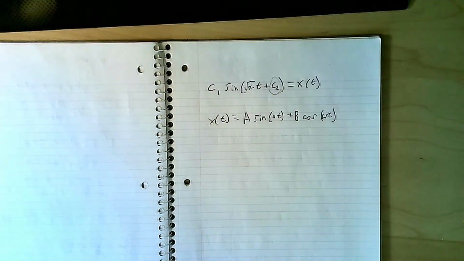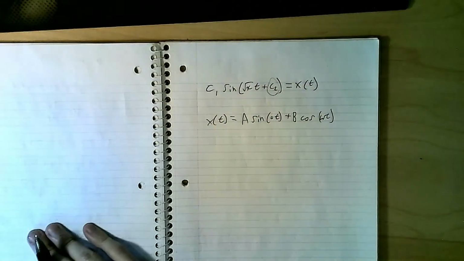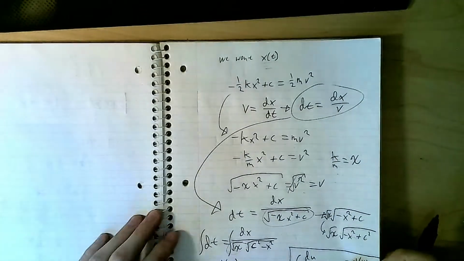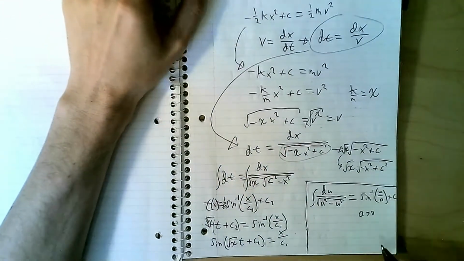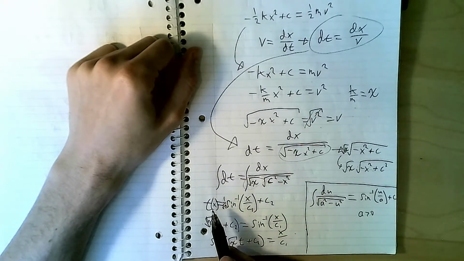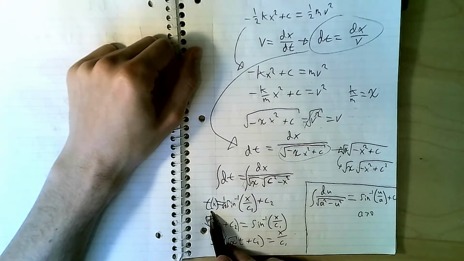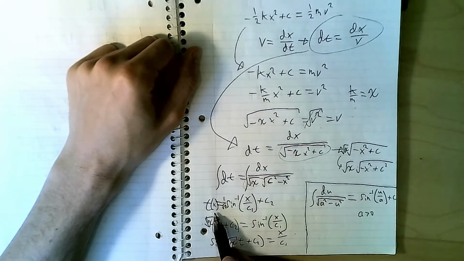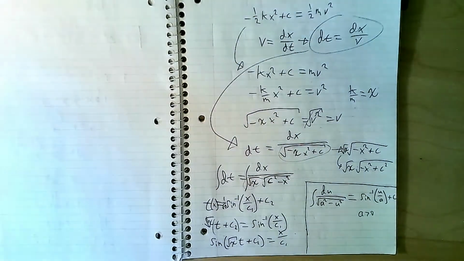Now the question is actually why, and the question is why because if you think back to the function that we took the inverse of, so our time function, or time is a function of x, this is not valid for all x.